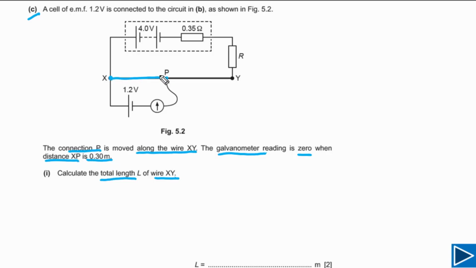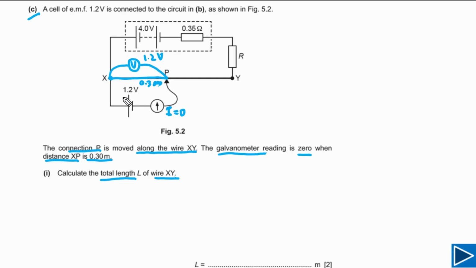Means the distance between X and P is equal to 0.30 meter. If we connect a voltmeter across XP, the reading on this voltmeter is equal to 1.20 volts because this galvanometer reading is equal to 0. So this is what the question is telling us.